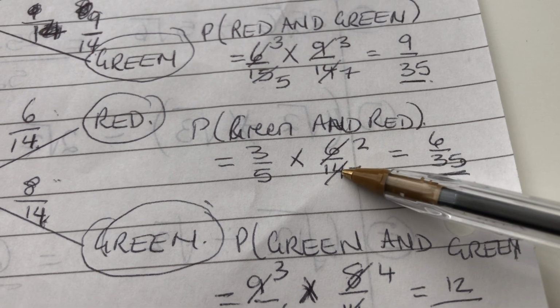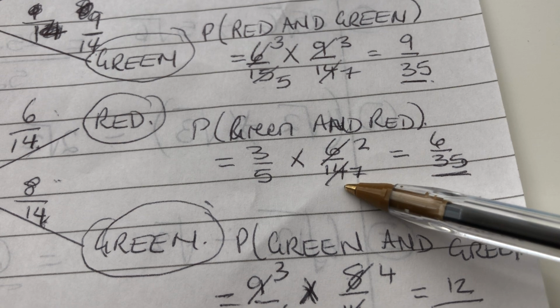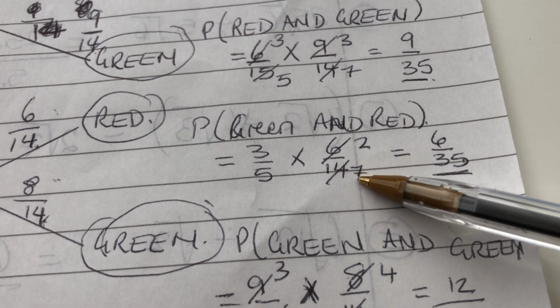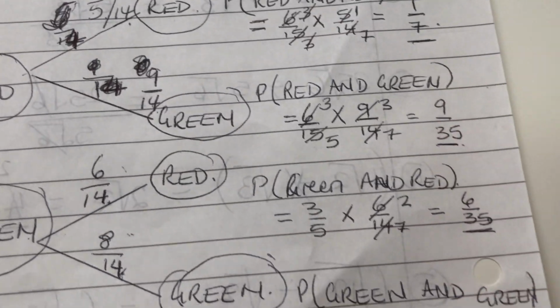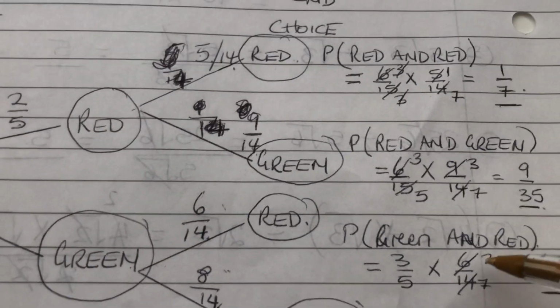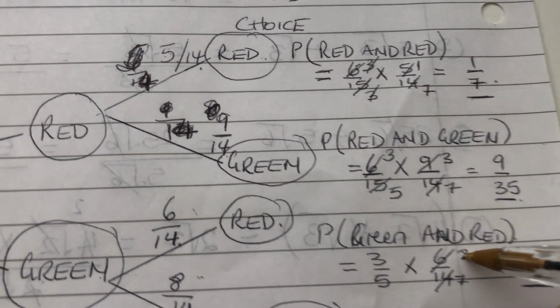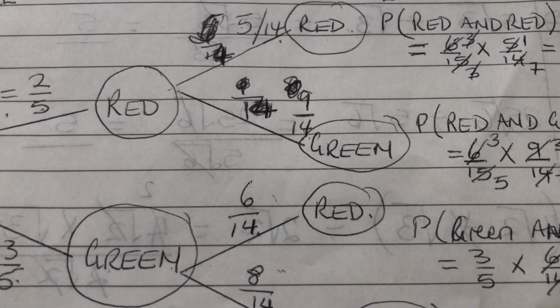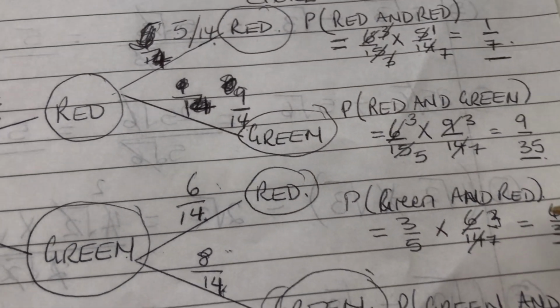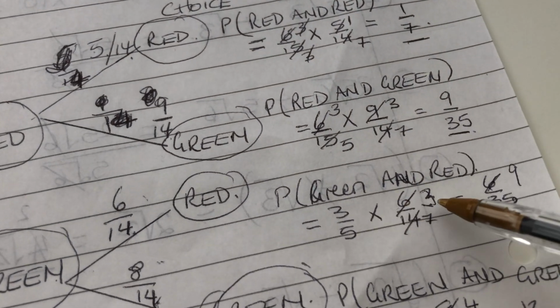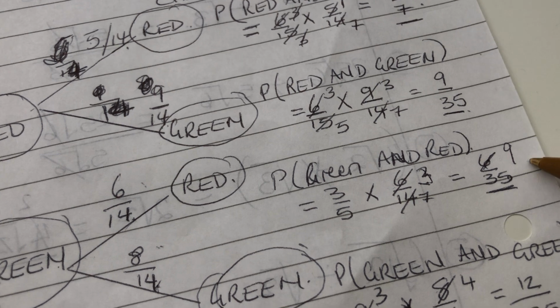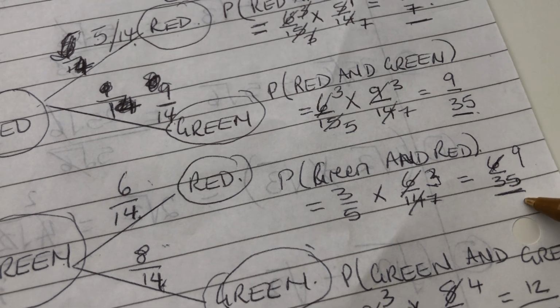How many 2s do I have in 14? 7. So I think that will be 3 here. This one here, this is 3. These are things you can easily do, and then that will be 9, because 3 times 3 is 9, and then divided by 35.